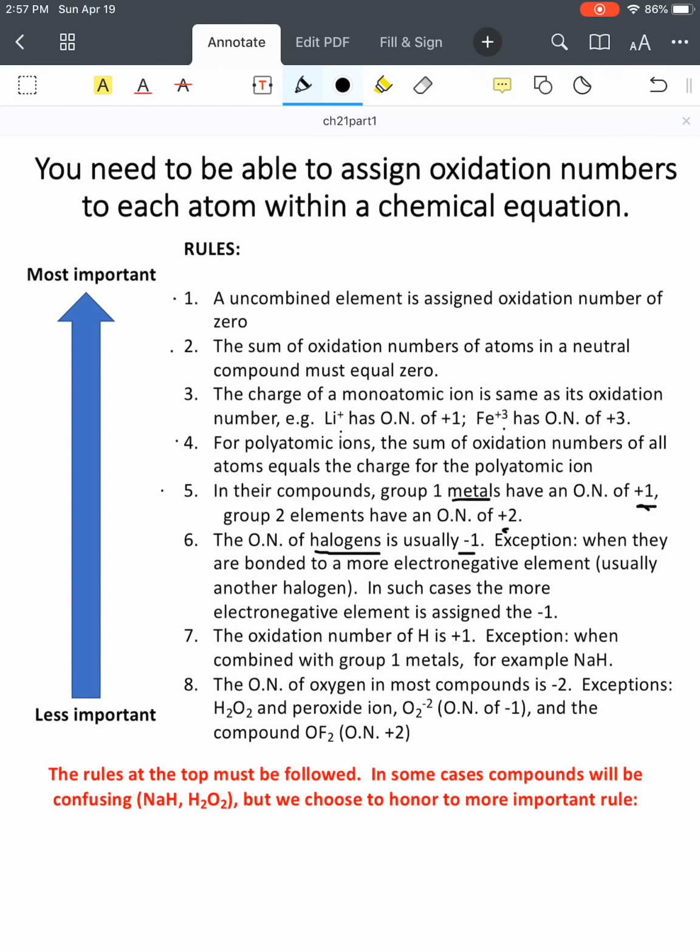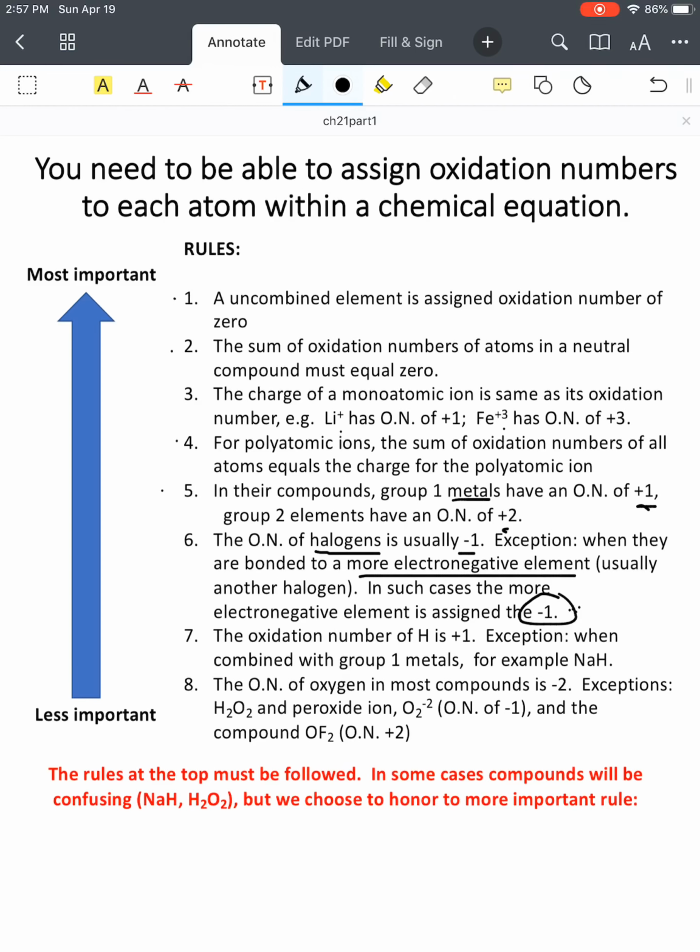If a halogen is bonded to a more electronegative element, usually another halogen, as it turns out, like chlorine and fluorine might react to form a compound. In such cases, the element which is more electronegative gets that -1. And the other atom that's involved in that compound gets whatever oxidation state you need to make the sum equal to the charge, basically, okay? So that's one example where there's an exception to the rule.